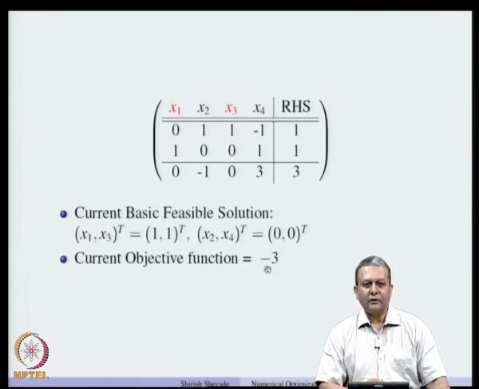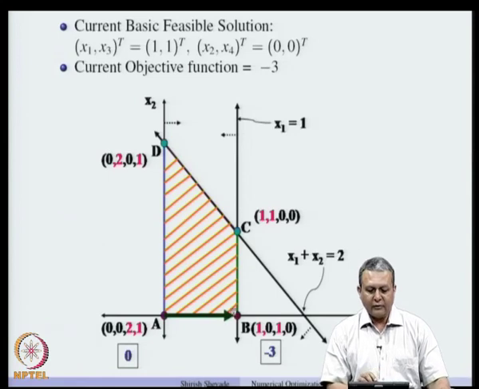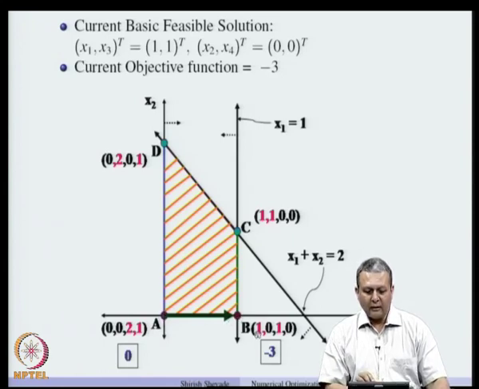So, the current objective function value is -3 and the two basic variables are x1 and x3, and this is shown in this figure as point B. So, we started from point A and moved to point B, and in the process the variable x4 which was basic is made non-basic, and variable x1 which was non-basic at A was made basic, and the objective function value decreased to -3.